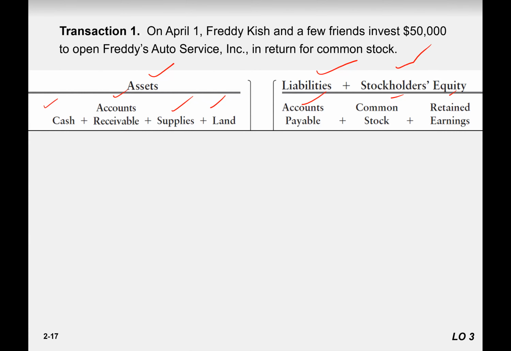So remember, there are two sides of a transaction, the giving side and the receipt side. You have to think in terms of your business, not in terms of its owner. You don't think in terms of Freddy Kish, think in terms of the company.